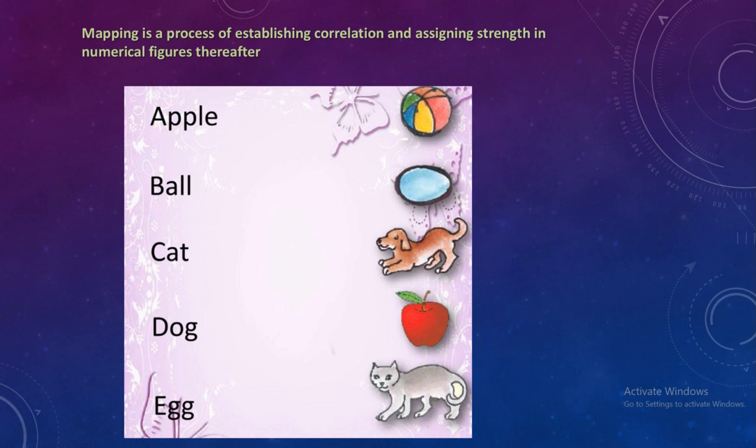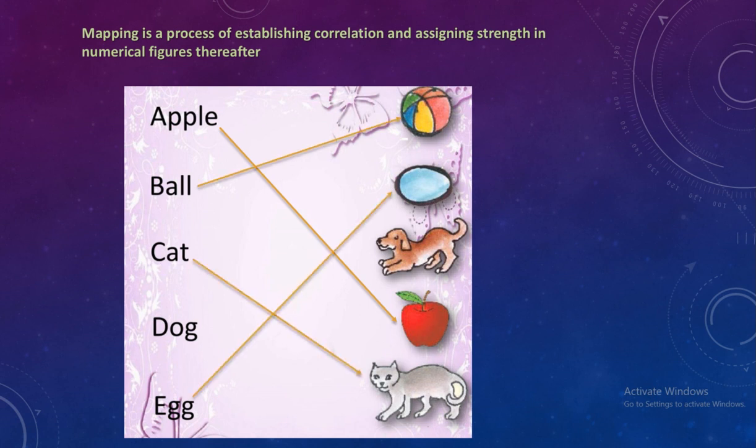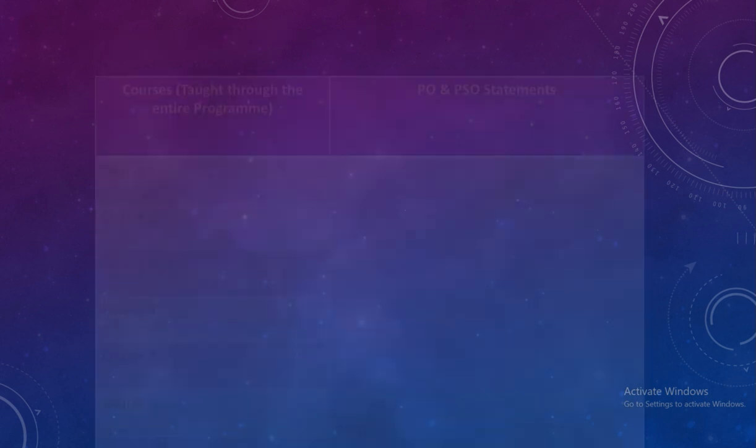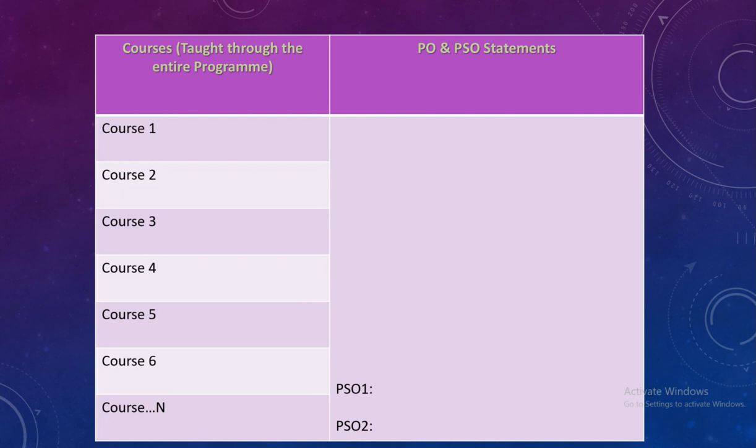They are jumbled up, and we need to establish correlation between the word and the appropriate picture or the picture of the appropriate object, just like this and this. This is what we have done in the nursery stages and in the further classes. So this sort of matching is required while we go for the mapping of the course and the PO and PSO statements.